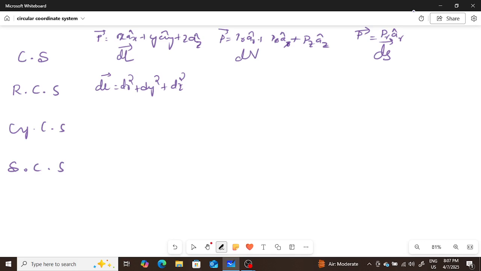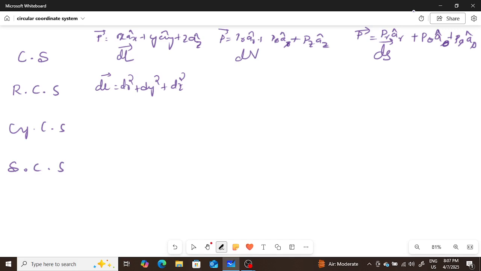In different textbooks it is considered as rho, and to avoid confusion, here r ranges between 0 to infinity. So plus p theta a theta plus p phi a phi.